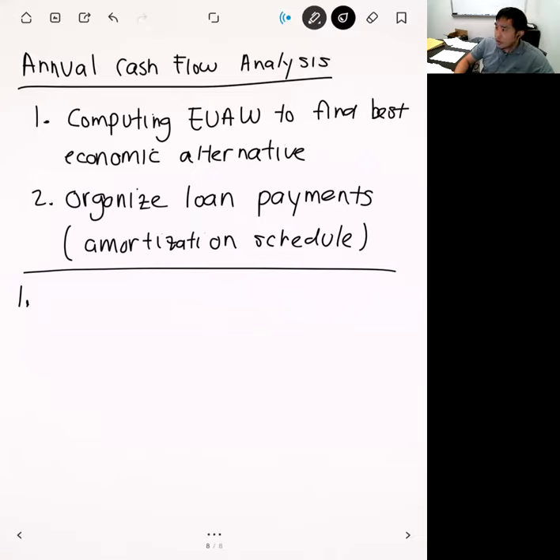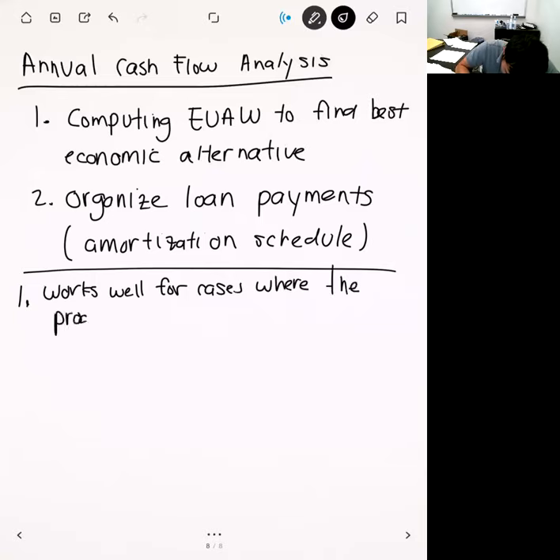But the advantage that annual cash flow analysis has over present worth is that annual cash flow can be used on cases where the product lives differ. Okay.